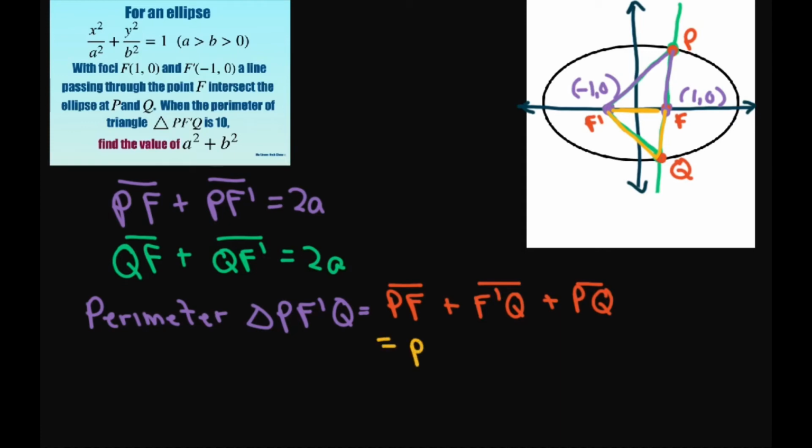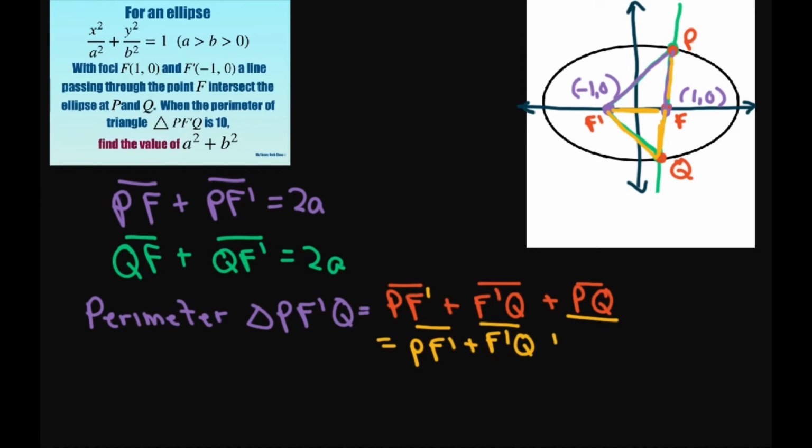Basically this is PF' plus F'Q, and then I can rewrite PQ as these two together.